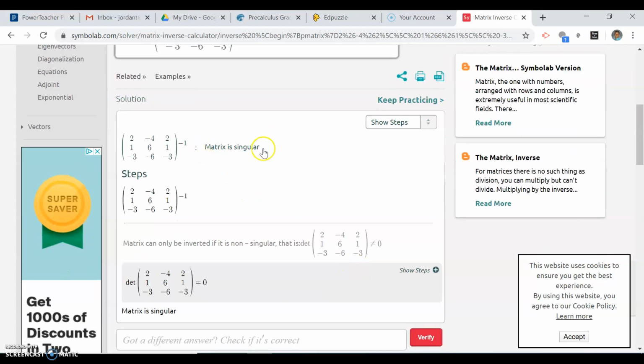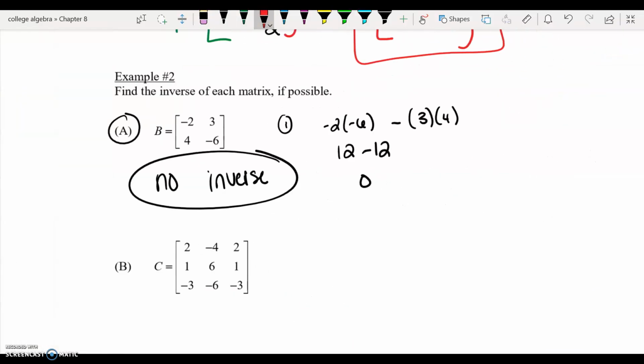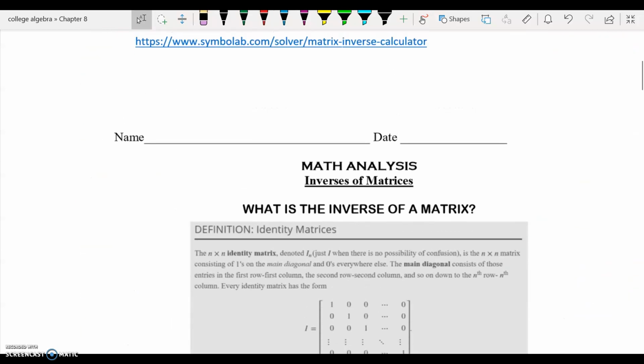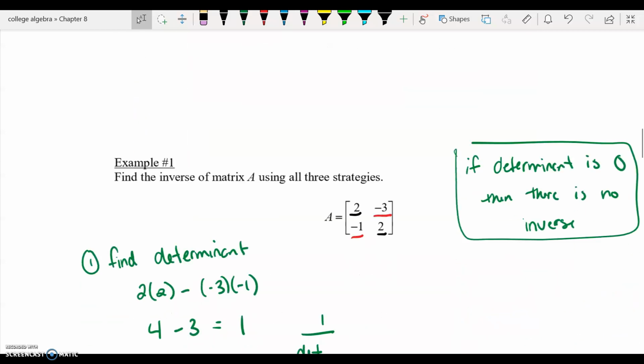If it says matrix is singular, that means there is no inverse because your determinant is 0. So I would just write on this one, no inverse. Alright, so I'm just trying to help you guys out. Again, we would do it in class, but it's a lot easier just to use that website. And again, that website is right here if you need it, which you will for the 3 by 3s.